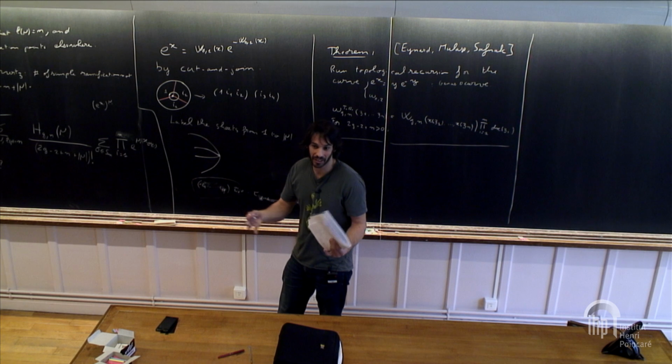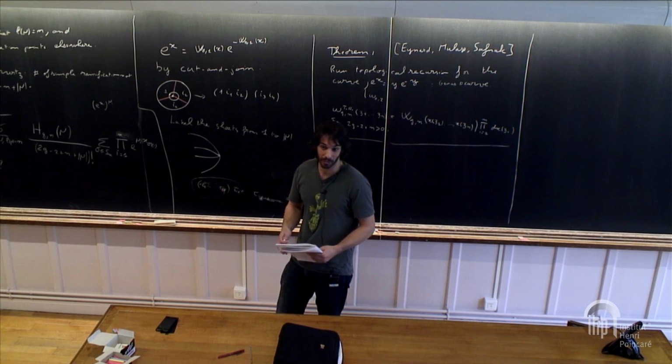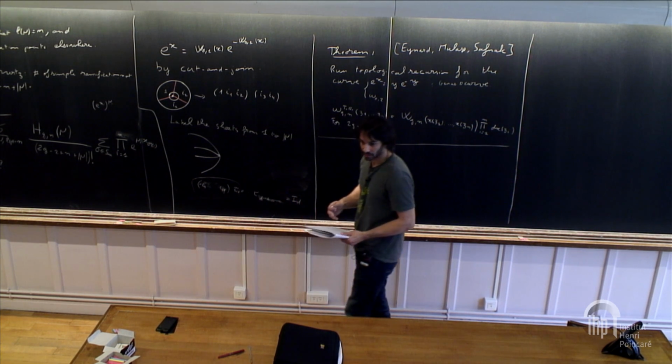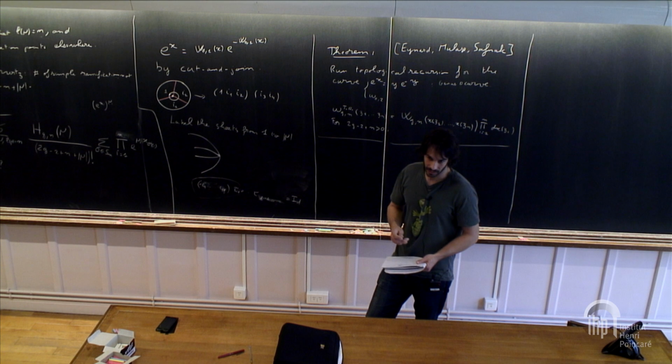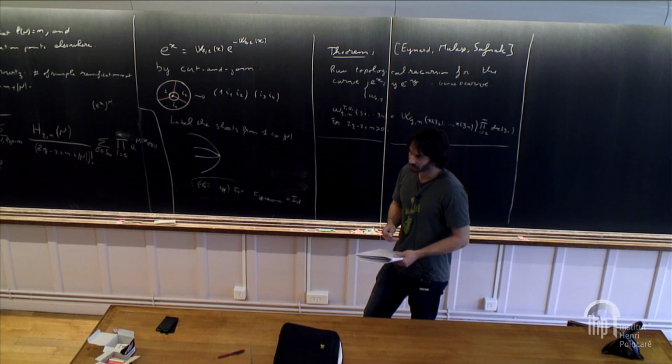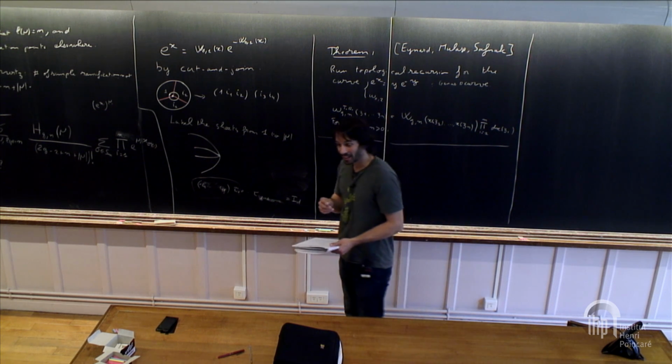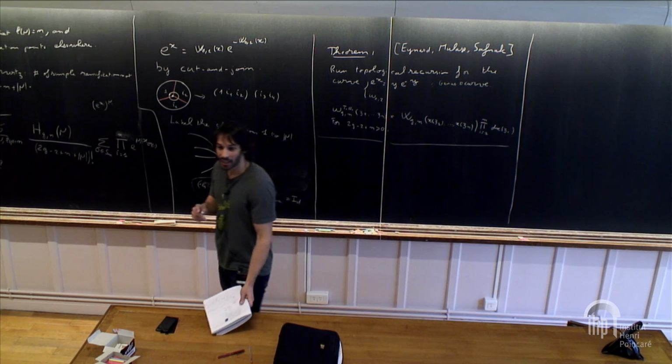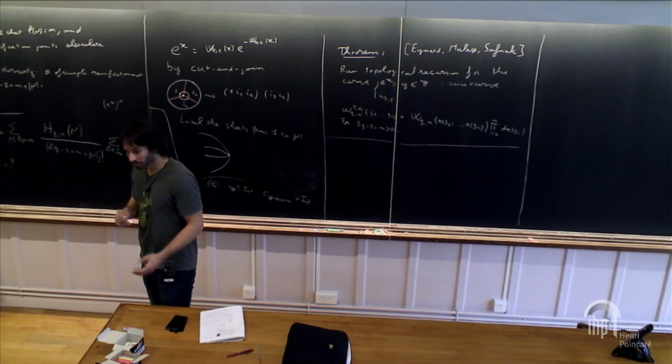If you just look at the cut-and-join equation, it's a tricky transform which allows you to solve it. That's another statement. So yeah, it does, but in a tricky way. Then the theorem is done.